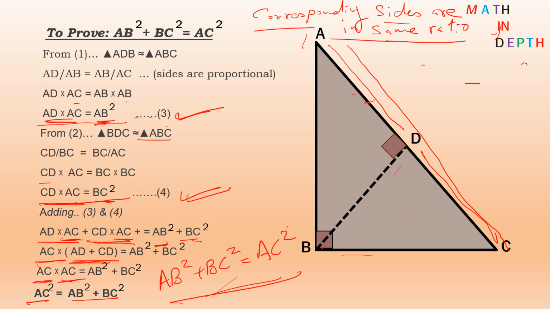What were we supposed to prove here? We were supposed to prove this part, AB square plus BC square is equal to AC square, and we have proved it. Then our theorem is proved.